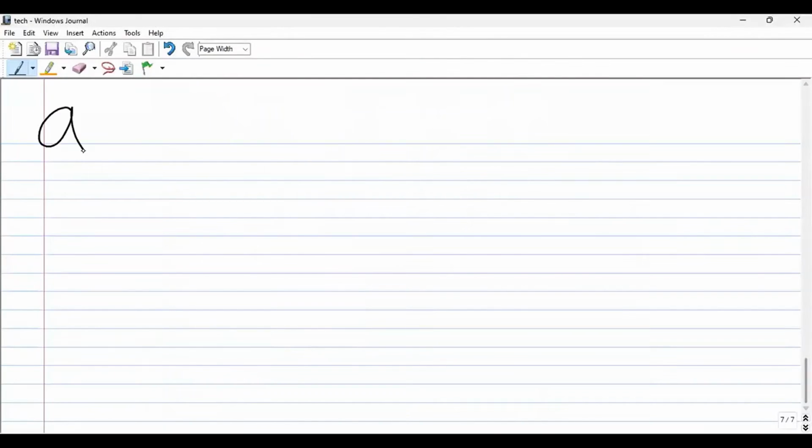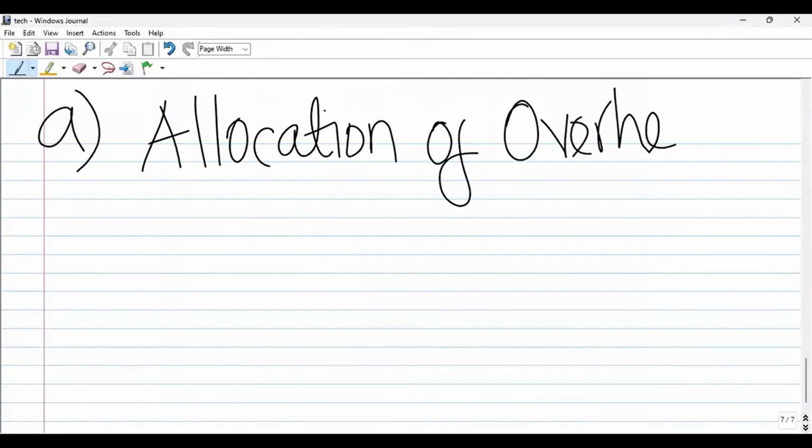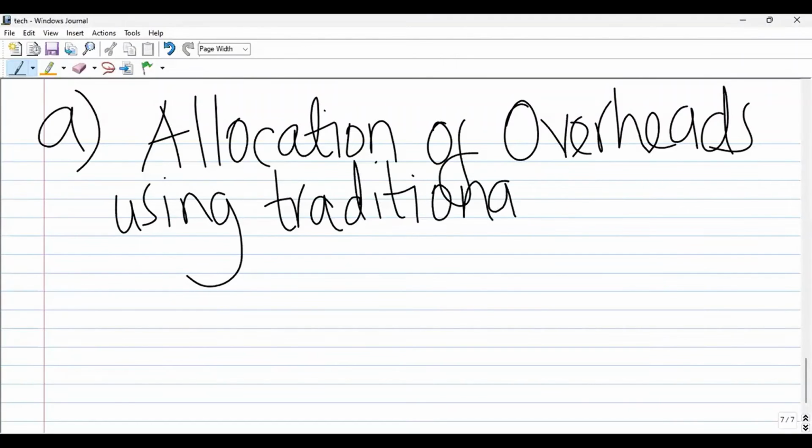So part A, allocation of overheads using traditional costing.